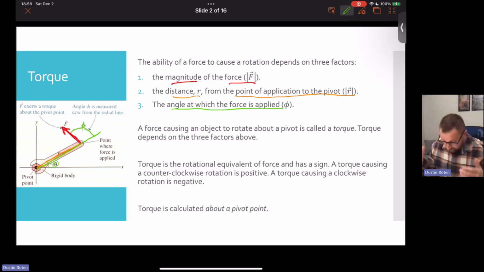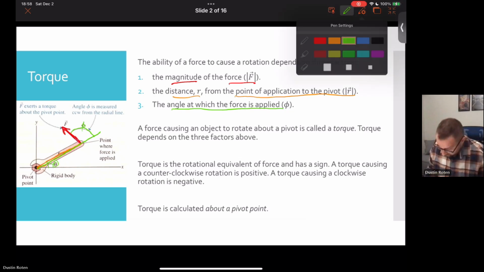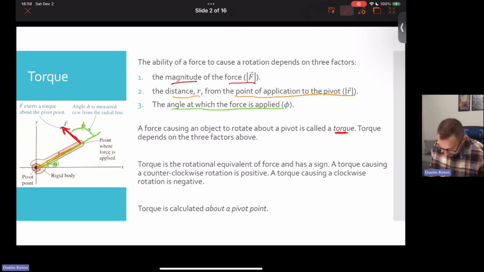So what we can do here is essentially develop a definition of torque from these three things. A force causing an object to rotate about this pivot point, we're going to call a torque, and a torque depends on these three factors. Torque is the rotational equivalent of force, and it also has a sign.